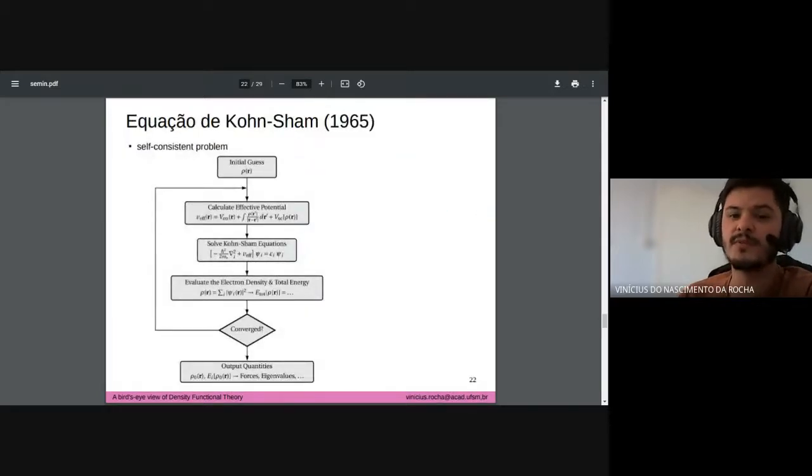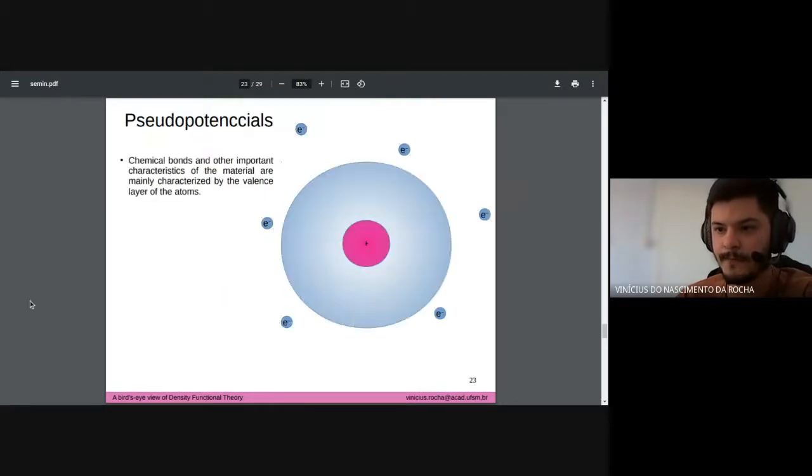This equation must be solved in a self-consistent way. We enter an initial electron density, calculate our external potential, and solve the Kohn-Sham equations. If the new density is within a convergence criterion, the process ends and we can obtain the properties of our system such as forces, energy. To build the Kohn-Sham orbitals, we must use predetermined basis functions.